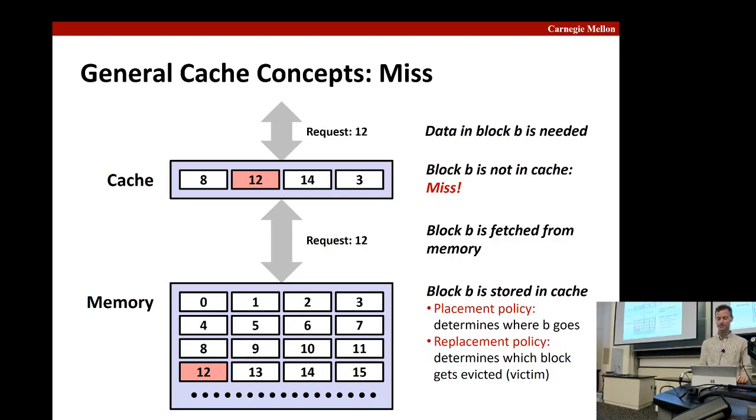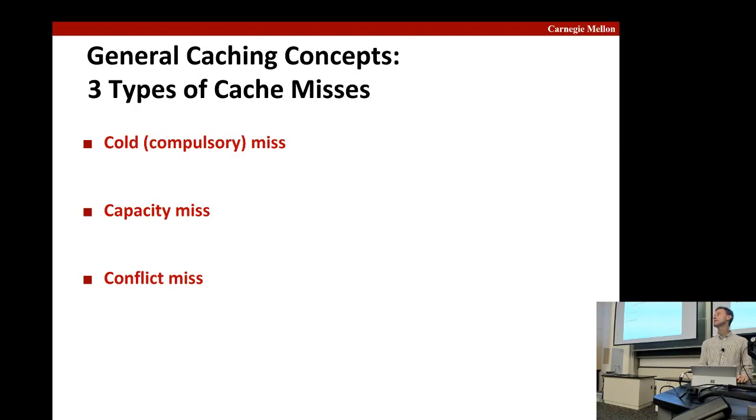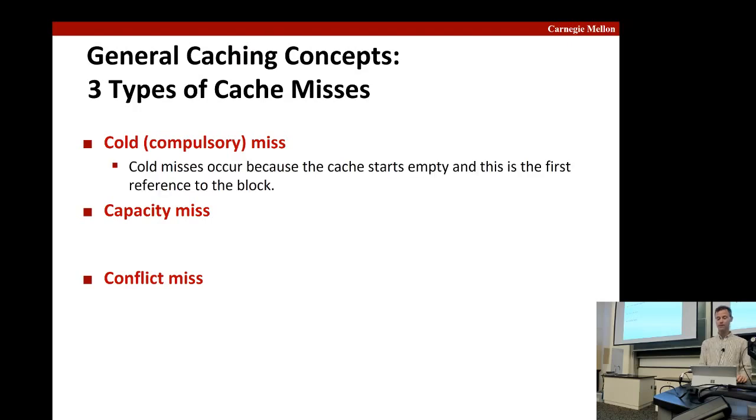What is the victim? We mentioned there were three types of cache misses: cold, capacity, and conflict. Cold, if you recall, is because the cache starts empty, and if you ever access something for the first time, there's no way it can be in your cache. So there's no way of getting around that miss. It's a cold or compulsory miss.